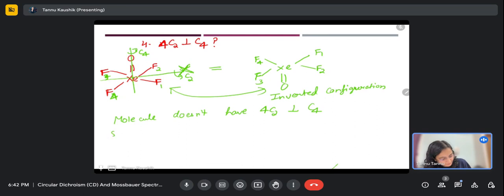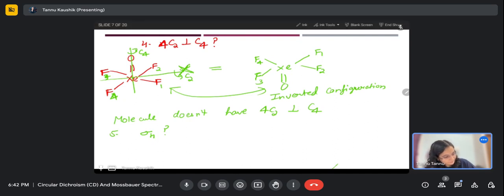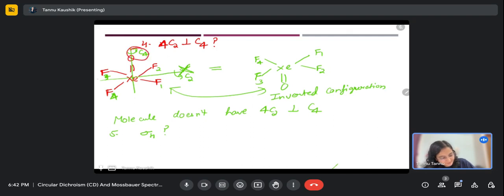The next question we will be asking is whether the molecule has a horizontal plane. Perpendicular to this C4 axis, we have this plane which contains this Xe and these four fluorine atoms on it.